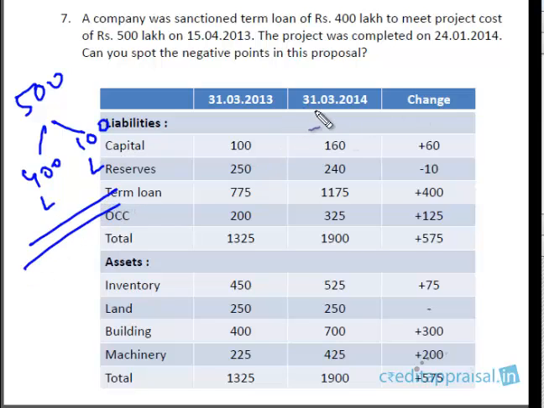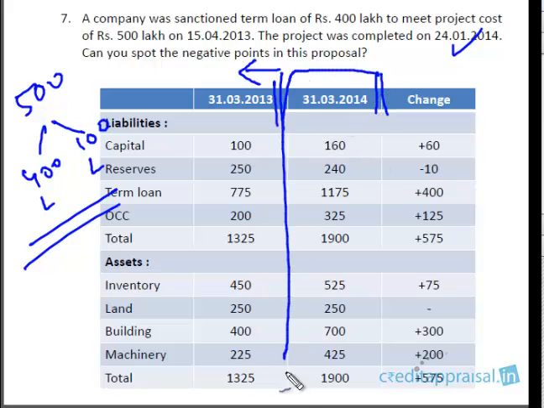If you see here, as of 31/3/2013 the project has not commenced. On 31/3/2014 the project is completed. So the entire project should be reflected here. The bank loan of 400 lakhs is reflected here. You see term loan 775 plus 400 is 1175. In practice you won't see this, because there will always be some repayment in the 775.